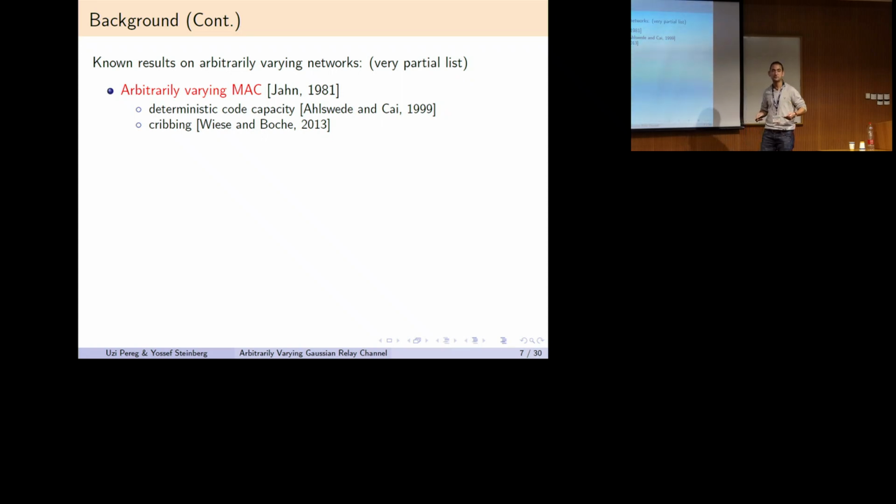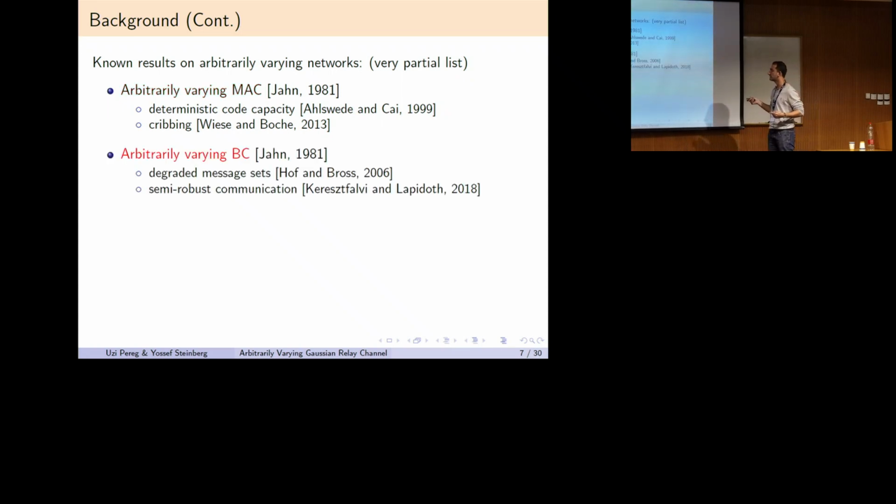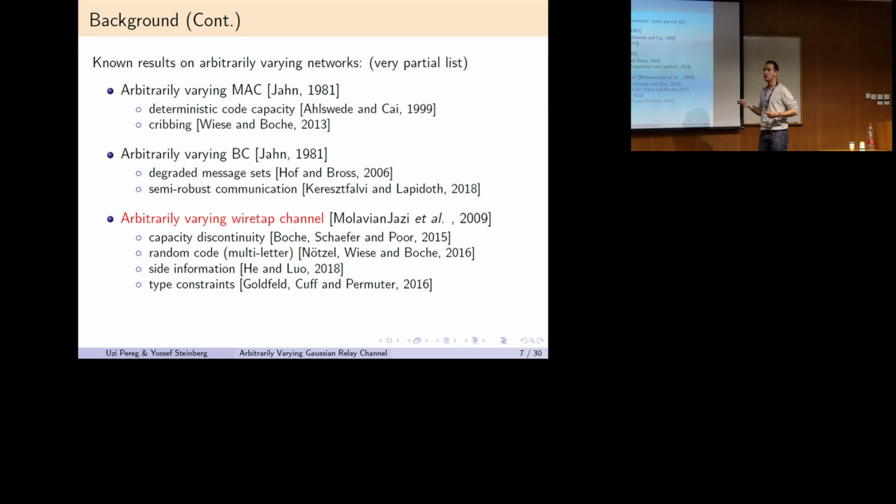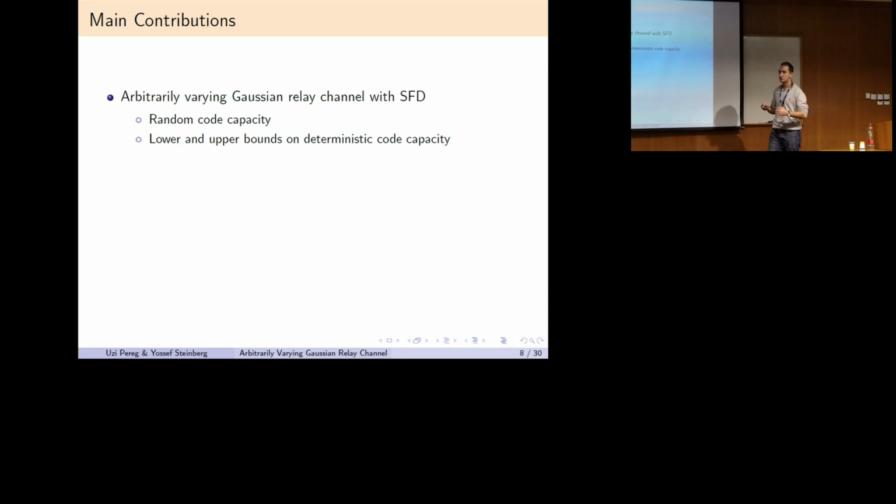So there's a line of papers on arbitrarily varying networks, including the arbitrarily varying multiple access channel, broadcast channel, wiretap channel, and we recently introduced in the last ISIT the arbitrarily varying relay channel, which we're going to talk about a special case of today.